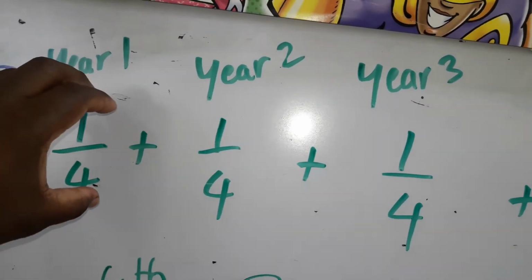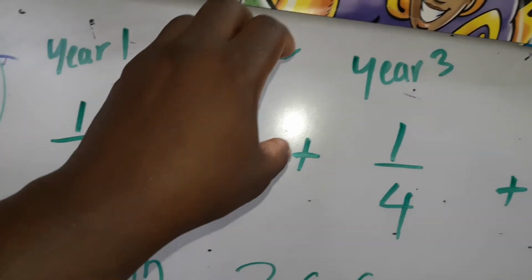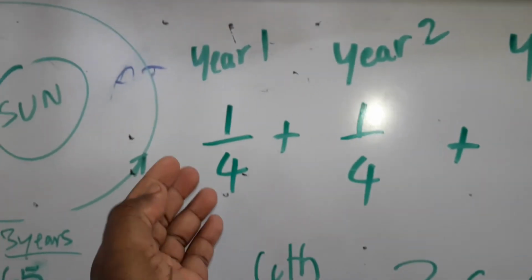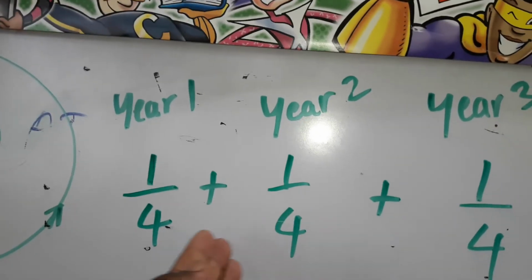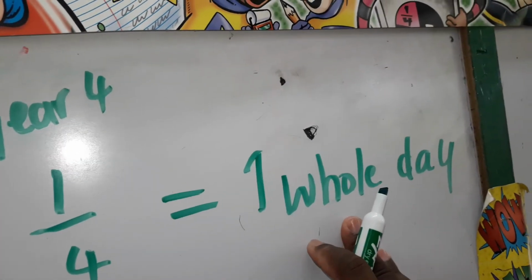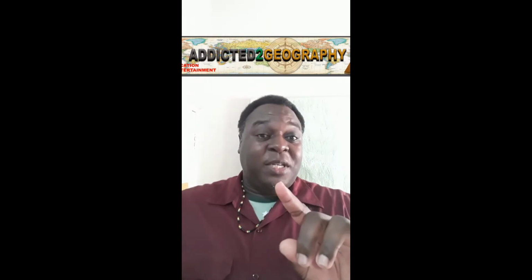Year 1, year 2, year 3, year 4. Remember, the quarter day is still there, but we just say there is no quarter day, because time is just a construct that we can use on Earth. So year 1, we take that quarter and we put it down. Year 2, we take that quarter and we put it down.